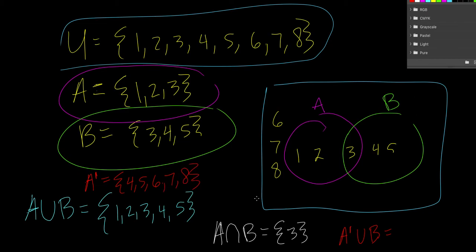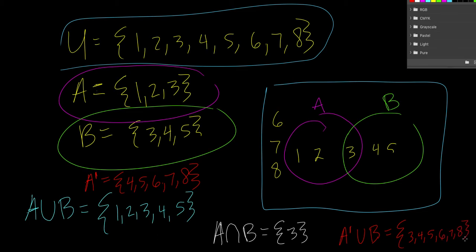Okay? Now if we take this set and we union it with B, we write down everything in B, or it doesn't matter which one you start with, but I'm going to do B. And then anything in the complement of A that we haven't already written down, we want to write down now.